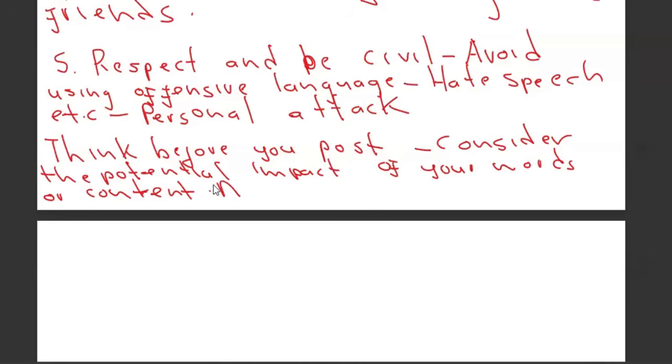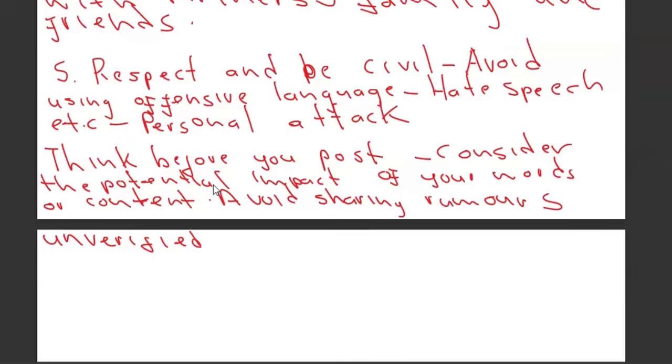Avoid sharing misleading information. Avoid sharing unfounded rumors and unverified news.